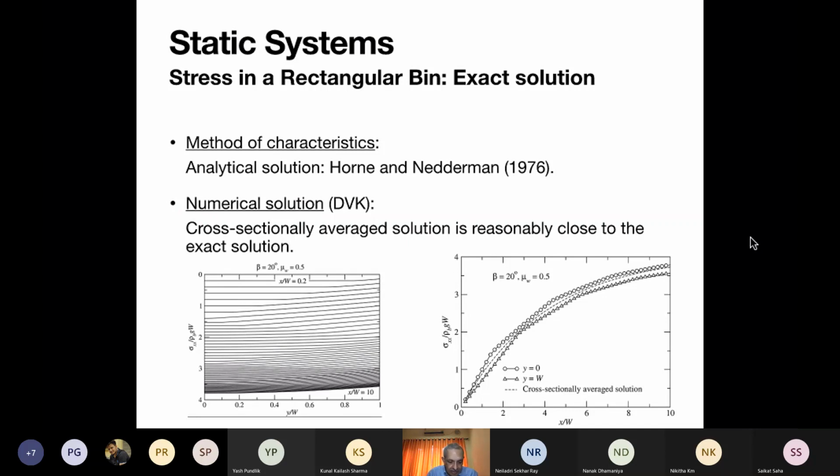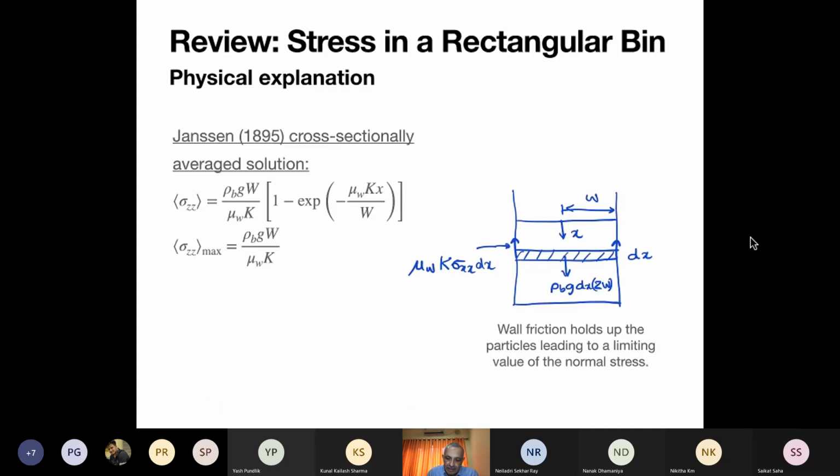And this actually shows sigma xx divided by some characteristic stress. So this is a dimensionless quantity. This shows how this sigma xx varies with y.